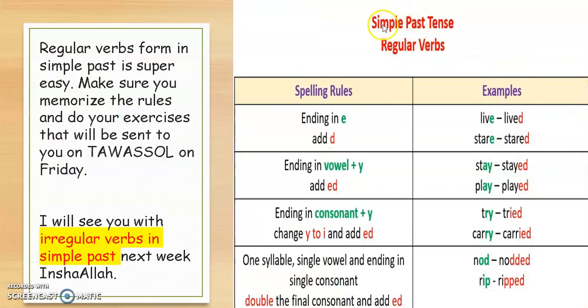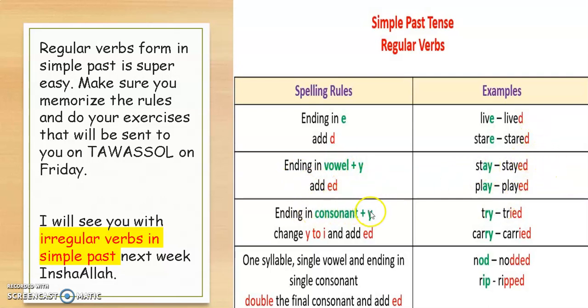Let's see here. So there we go. Simple past tense regular verbs. So this is the rule of spelling rules. Any verb that ends with E, we only add D. Like live, lived, stare, stared. It ends with E and we add D. And any verb that ends with a vowel plus Y, like stay, play, we only add ED.